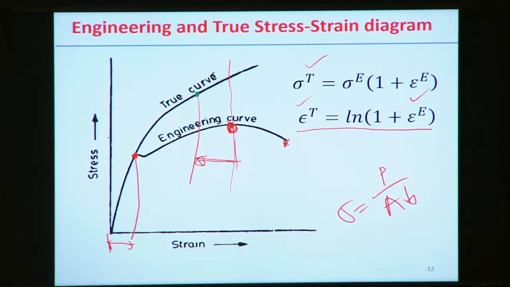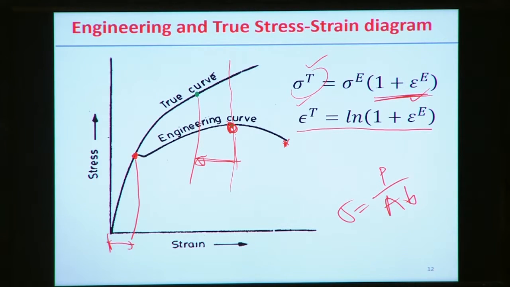At the same time, if we consider the true stress value, since this component is more than 1, the true stress value is always greater than the engineering stress value.